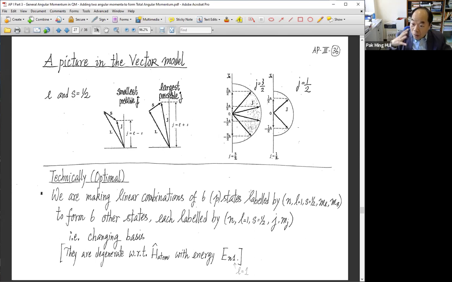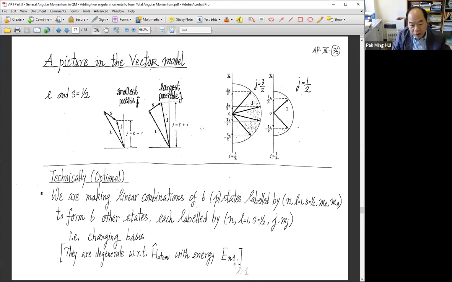For the largest projection, 3/2, you can think about it as L and S being more or less aligned, by and large pointing towards, say, up. So the resultant J will be longer, and thereby a longer vector will have more Z components. That is the 3 half case.